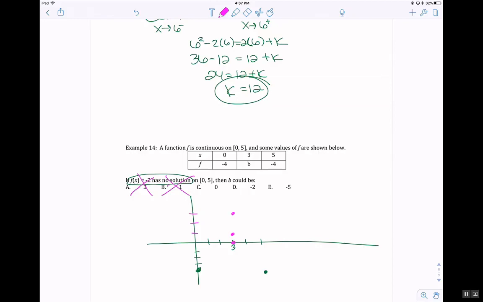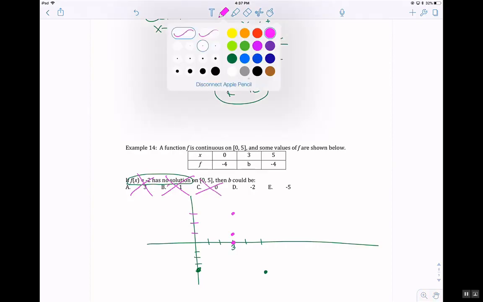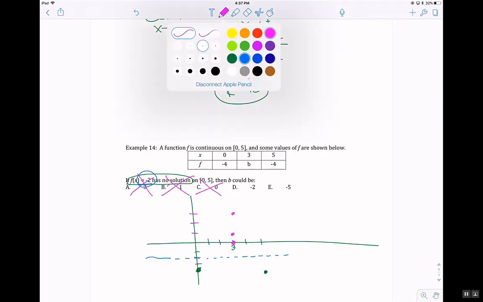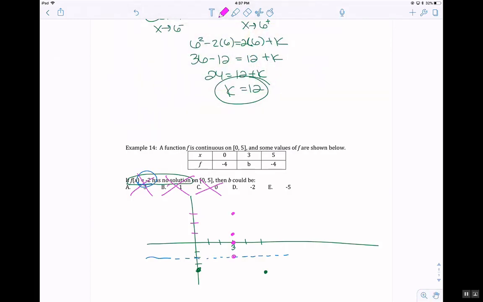At 0, I would be at 1 solution. Or no, I'm sorry, we'd still be at 2 solutions, because I want x equals negative 2. So I'm looking at how many times it crosses the line x equals negative 2. If I had negative 2, it would be once.